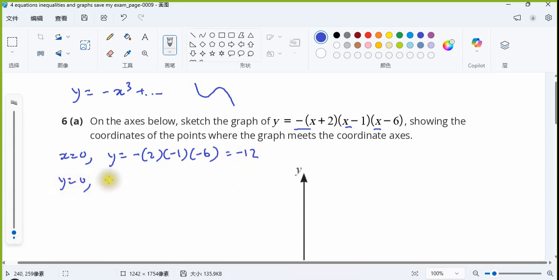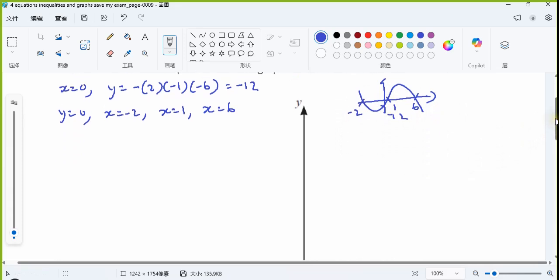When y equal to 0, then x is negative 2, 1, and 6. So we try to sketch the graph. So we will have something like this. We have the 6, 1, negative 2, and negative 12 here.